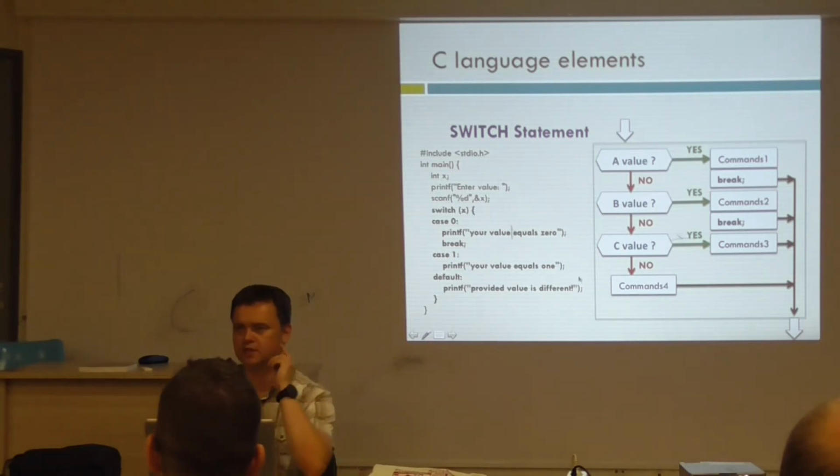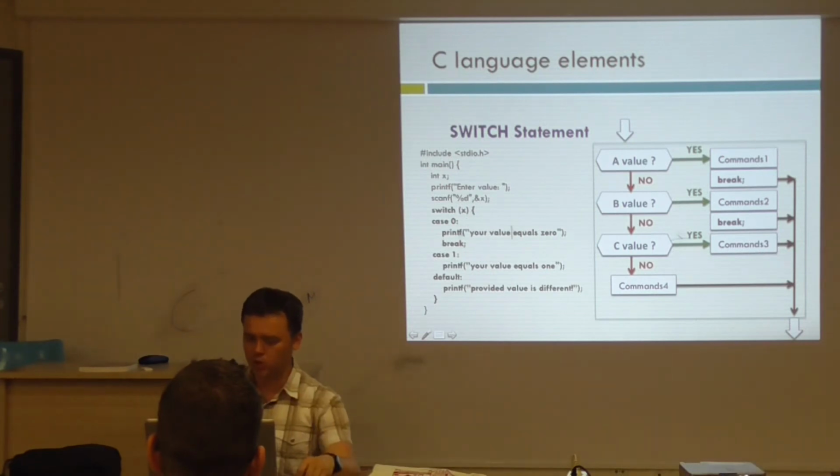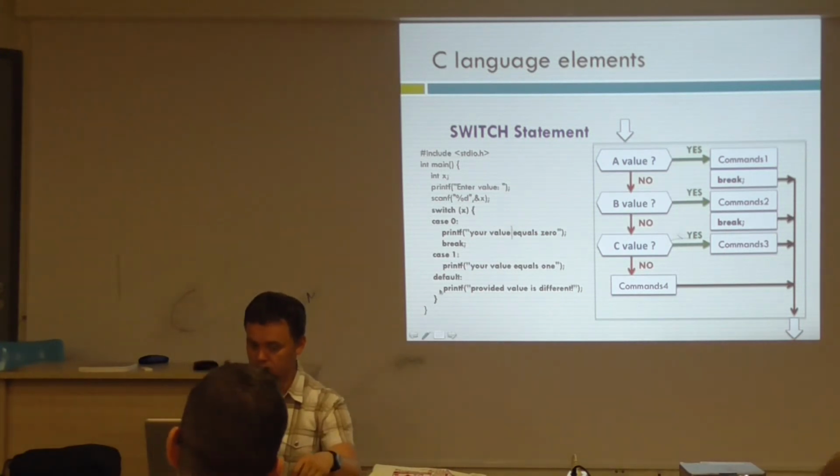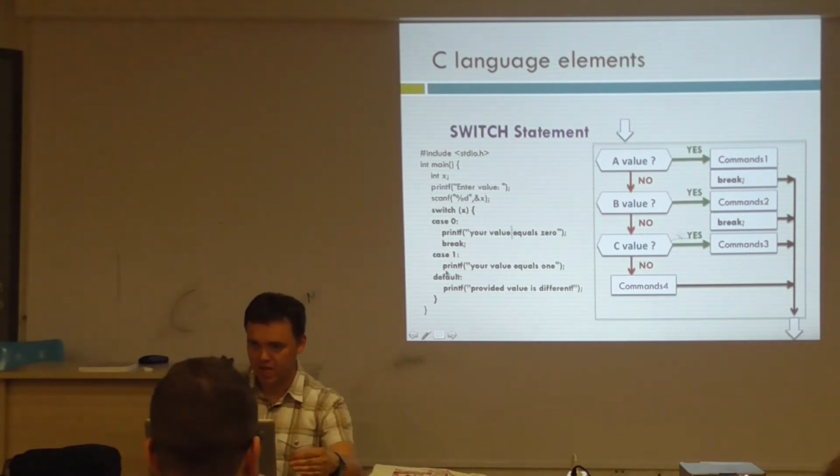This example shows that, for instance, in C language, in C++, if the x value is 0, only one line is displayed, and we can exit from this part. If this value is 1, we can display this, and also just exit. There is no break, but this is the last case. But in Java, the solution was different.